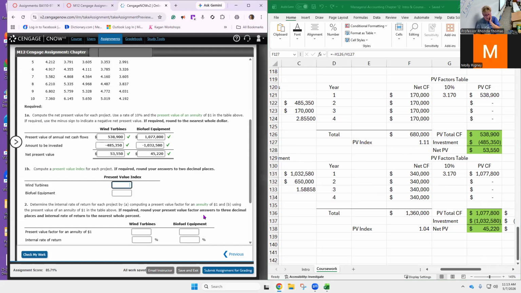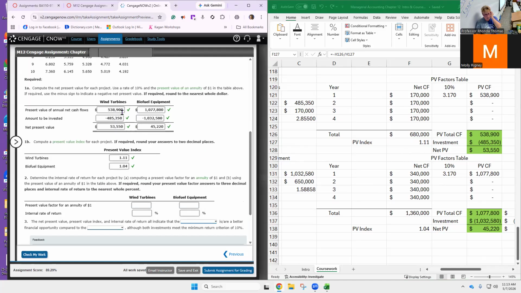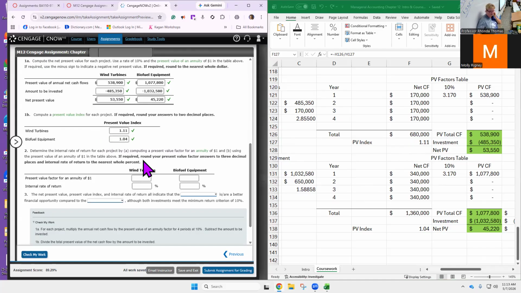Let's put our indexes in, and I want to make sure I'm putting the right one in the right spot. If this was all you did, both analyses favored wind turbines. Now let's see if the internal rate of return does this.